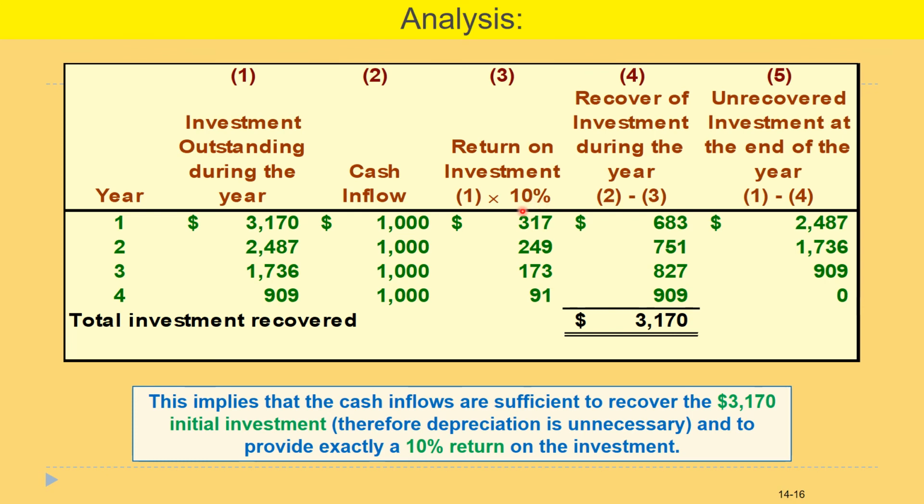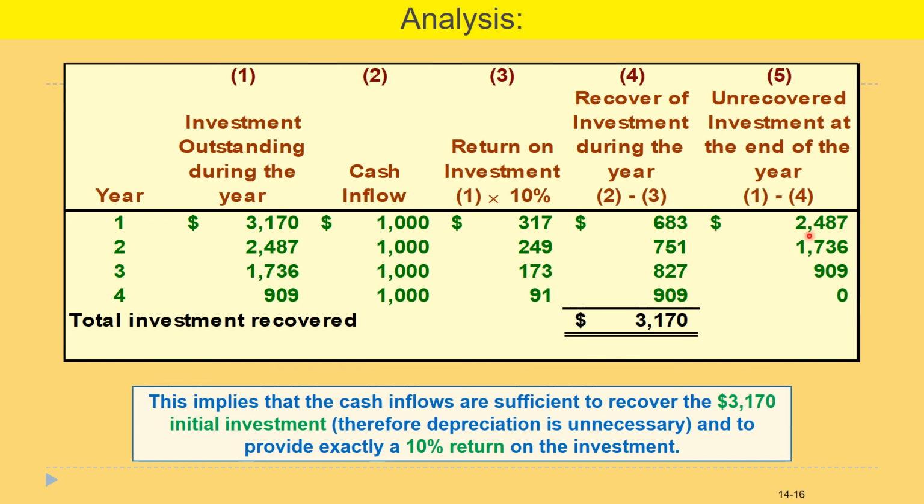The return at 10% of 3,170 would be 317, and we take that out of the 1,000. The amount that pays back the capital is 683. So our unrecovered portion is really 2,487, which is the 3,170 minus the 683, right?